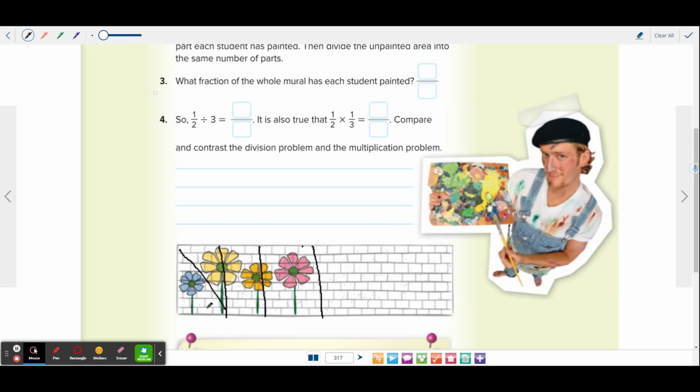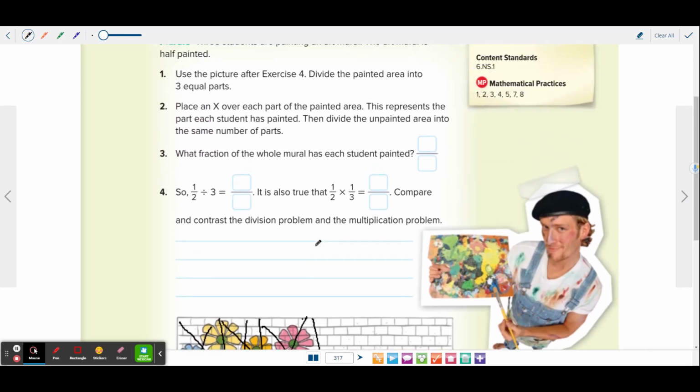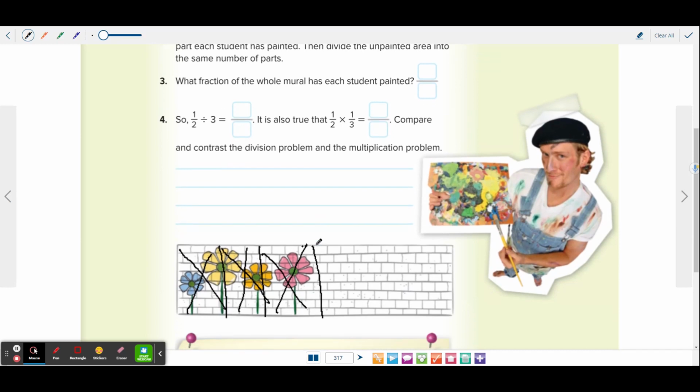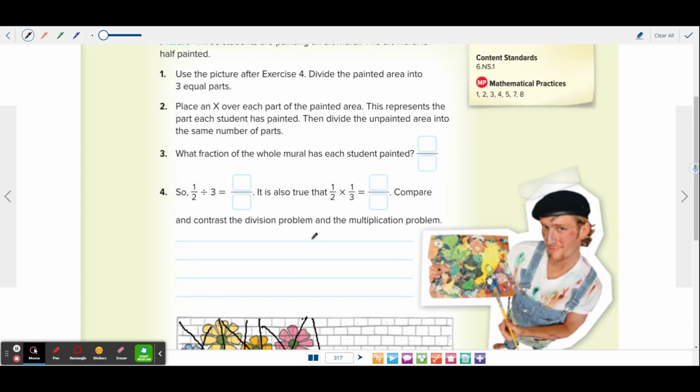Now it says put an X over the painted parts. This represents the part each student painted. Okay, so each student painted a third of the half, right? Which is what we're trying to figure out the answer to.